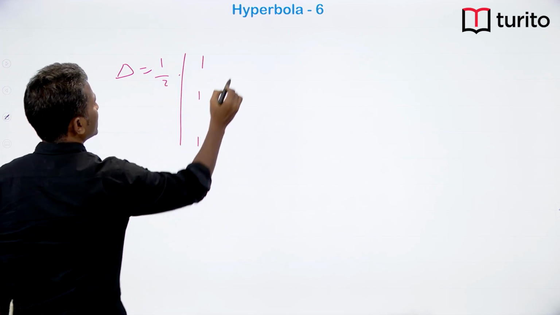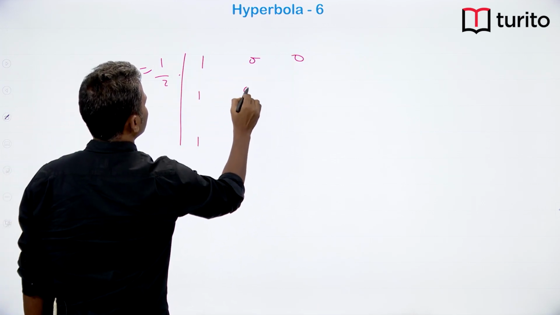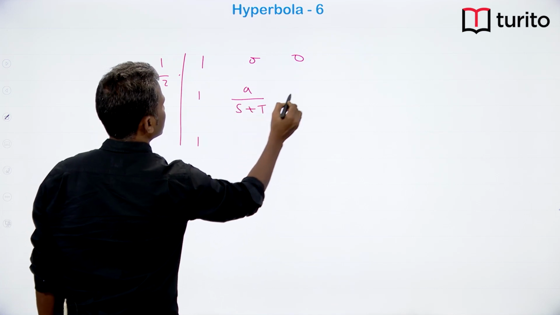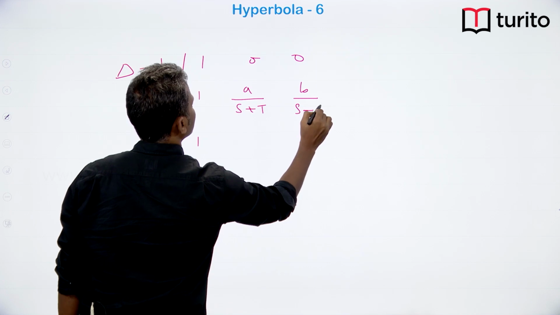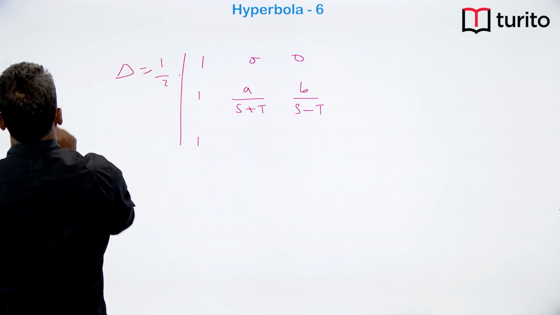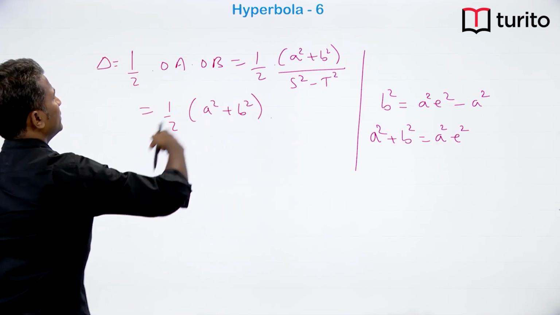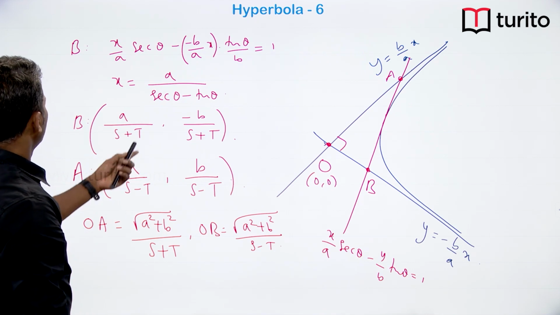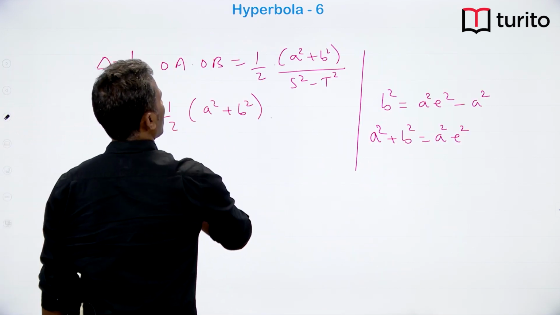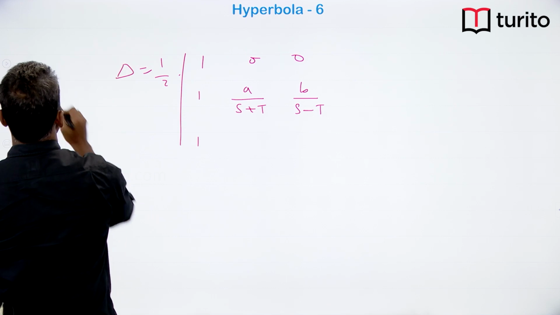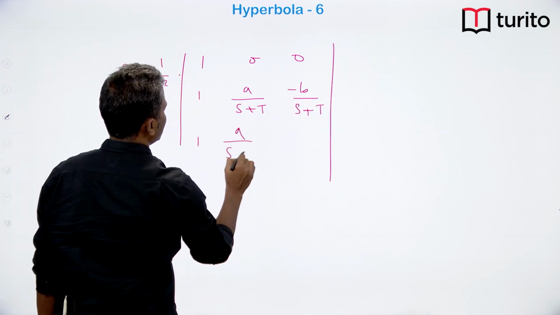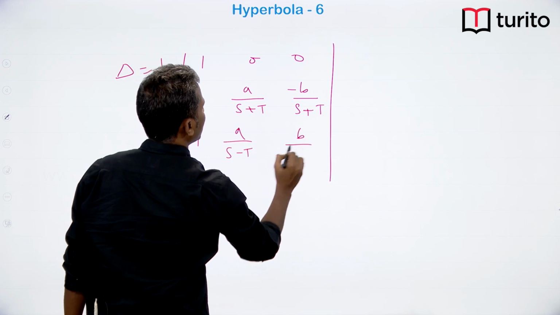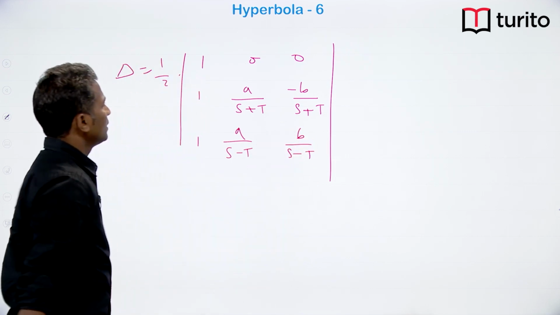So, if I go for the coordinates, this was minus b by s plus t, right? And here a by s minus t, and here b by s minus t.